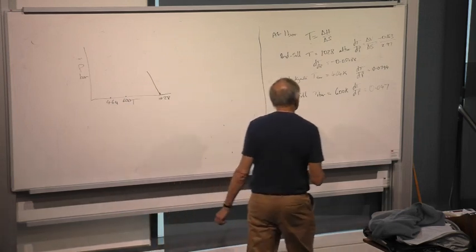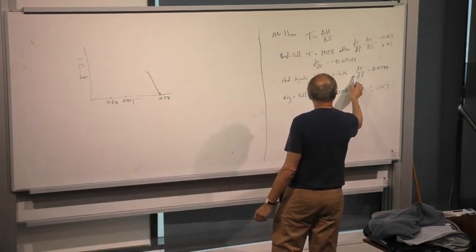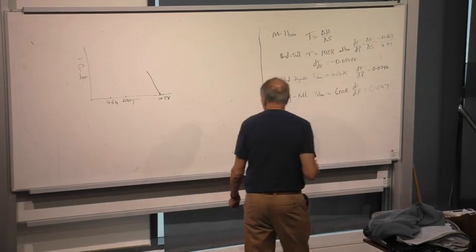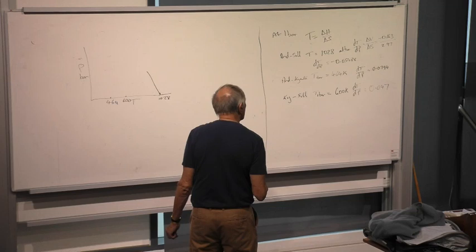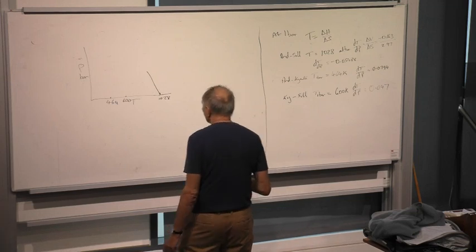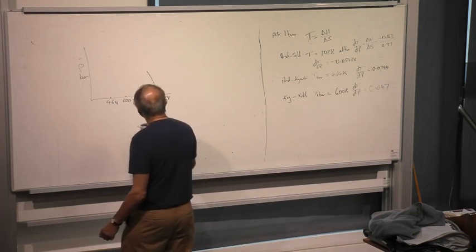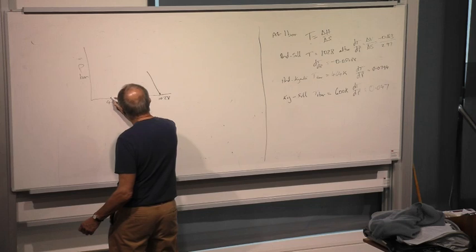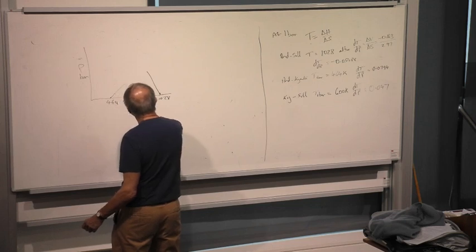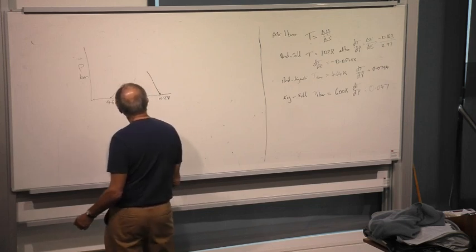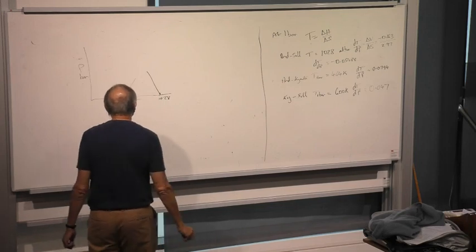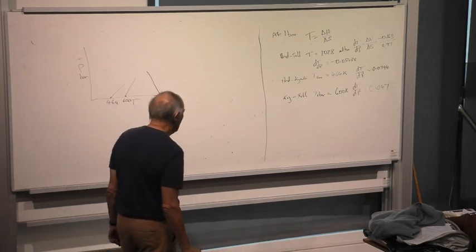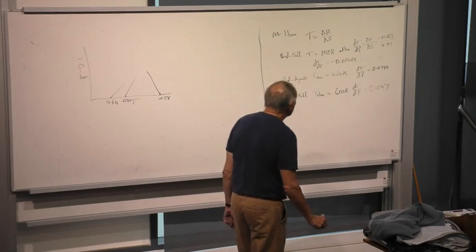And these two, this has a steeper positive slope than that one. Is that right? Yeah. So that looks like that. That looks like that. So far we're doing okay.